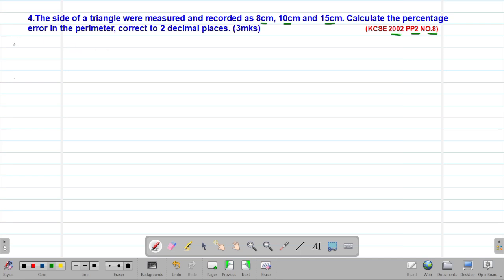So we'll start by getting the absolute error in the sides of this particular triangle.